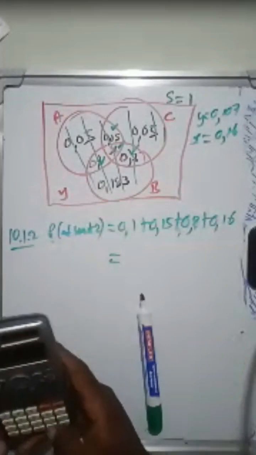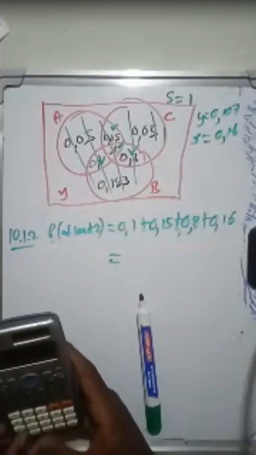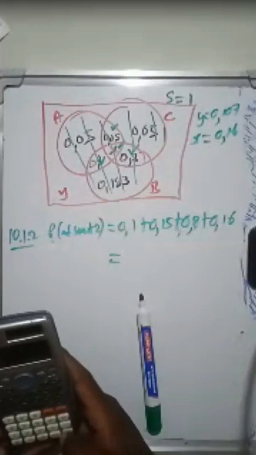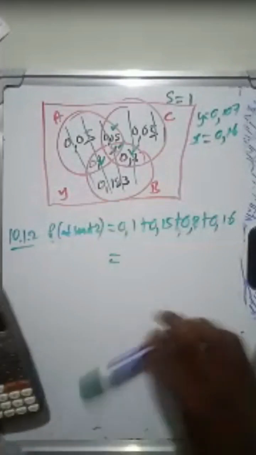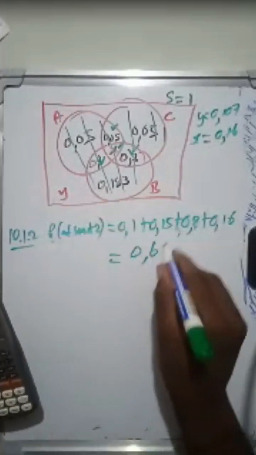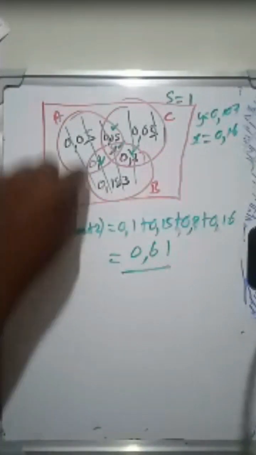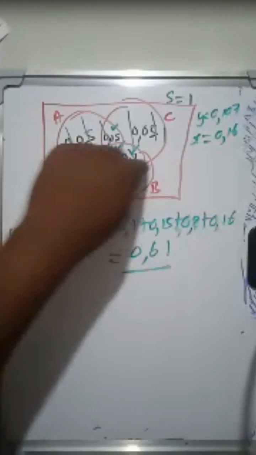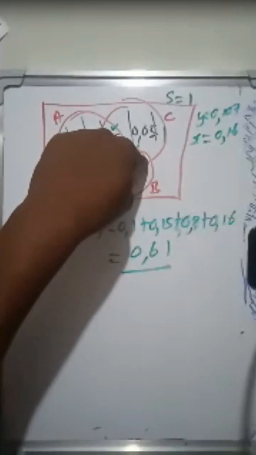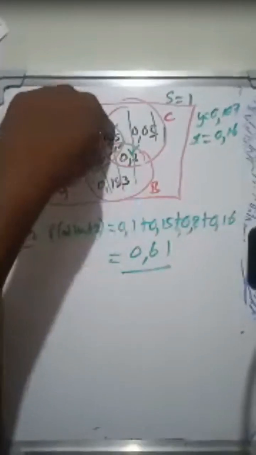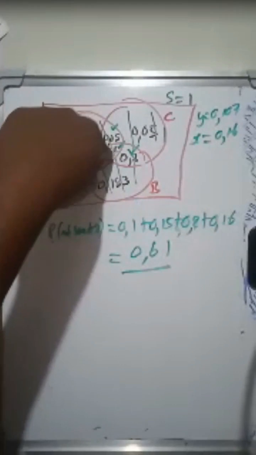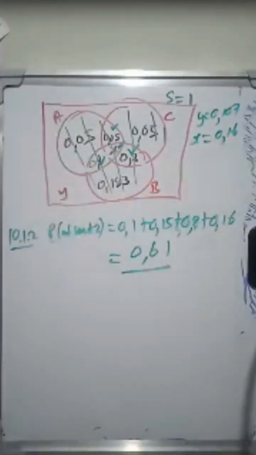Then you get 0.61. That is at least 2. At least 2 means 2 or more. So here 2, that is A and B. 2, that is C and B. 2, that is A and C. 3, that is A, B, and C. Okay? Then the last one.